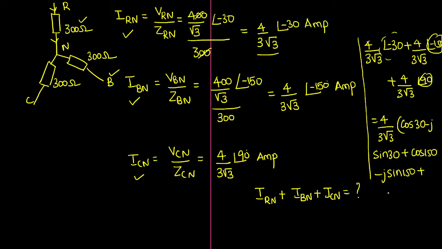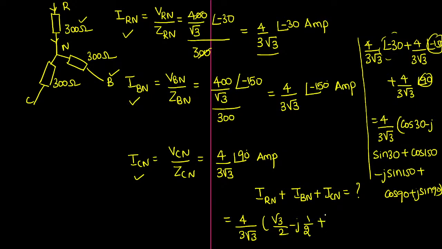This can be written as cos 90 plus j sin 90. Yes. Let us reduce all these values finally. What we are going to obtain: 4 by 3 into root 3. Let us sum up. What is the value of cos 30? I hope it will be root 3 by 2. Minus j sin 30 will be 1 by 2. Yes or no? Yes, sir.